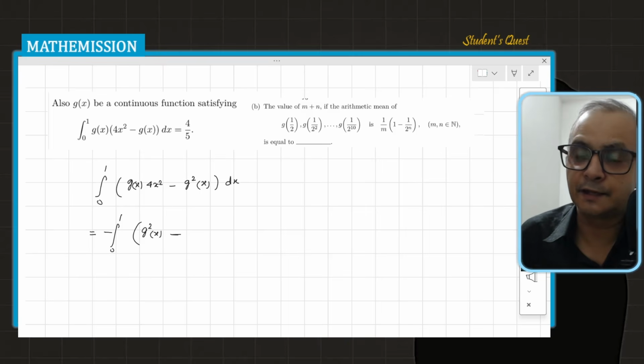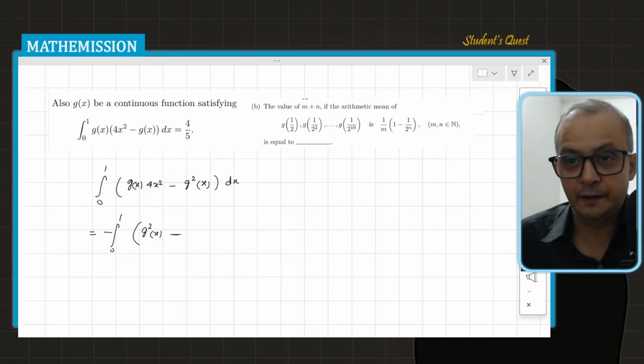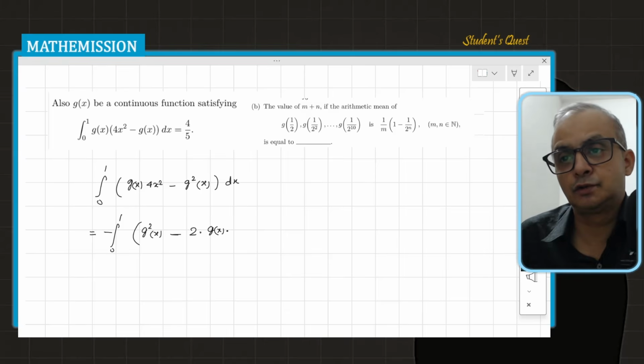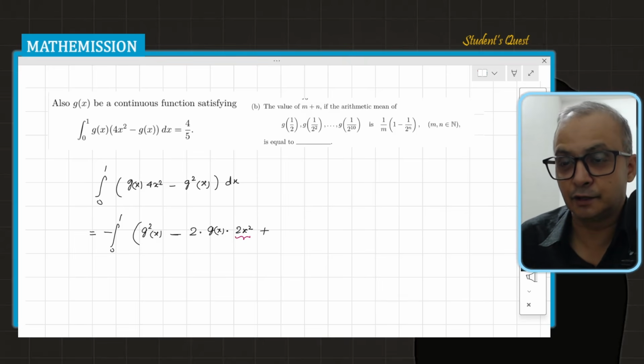If I take this minus sign out, I will get here a square, and I have to think of this as 2ab. So 2 I'm taking out, then a is g(x) and b is nothing but 2x squared. So when I identify this 2x square as b, I have to add and subtract. You know the rule.